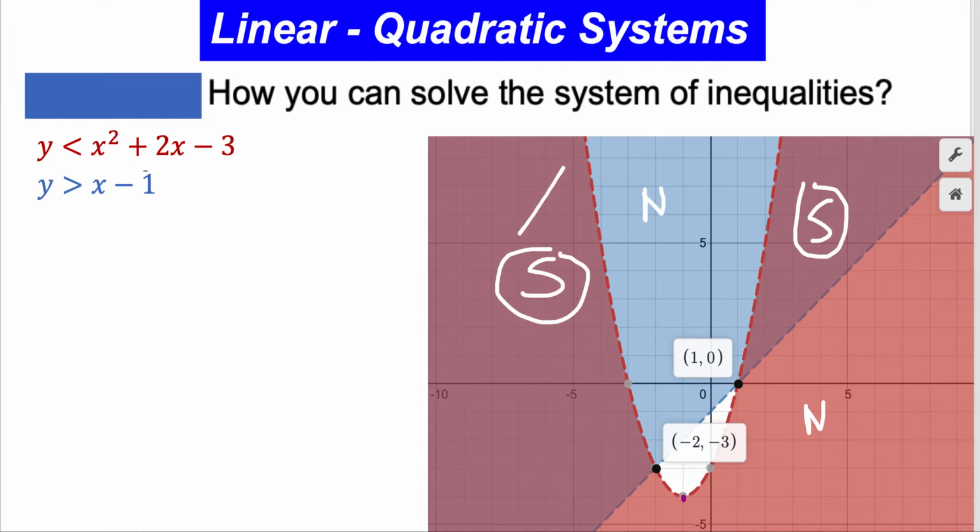If we want to look from the perspective of how we can graph them, when we have y smaller than x squared plus 2x minus 3, we can graph it like we graph a quadratic equation. But here, for instance, let's say y is smaller than x squared plus 2x minus 3.